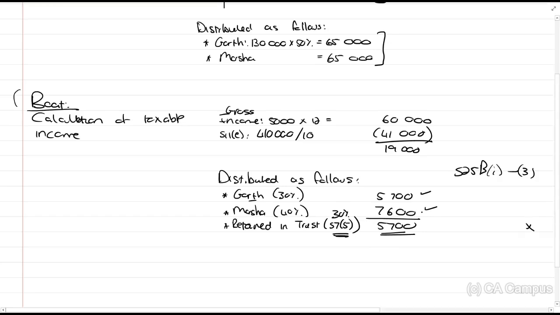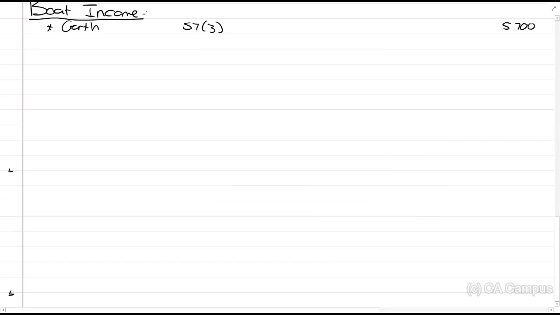So usually we'd include it here for the trust, but Section 7.5 will apply, and I'm just going to make a comment here. Alicia is taxed. So we go to Alicia, and the amount retained in the trust from this boat income is taxed in her hands under Section 7.5.